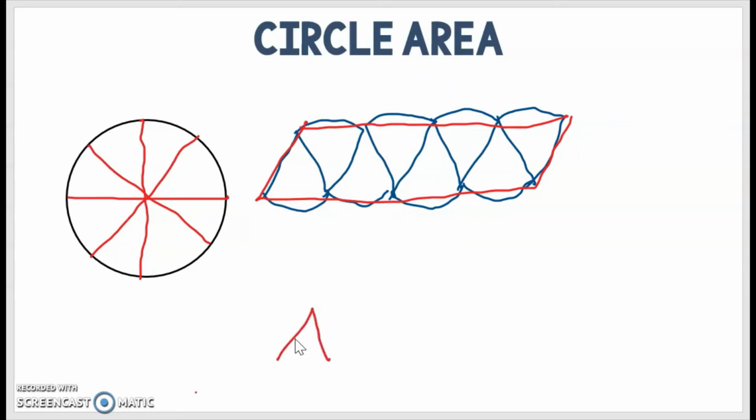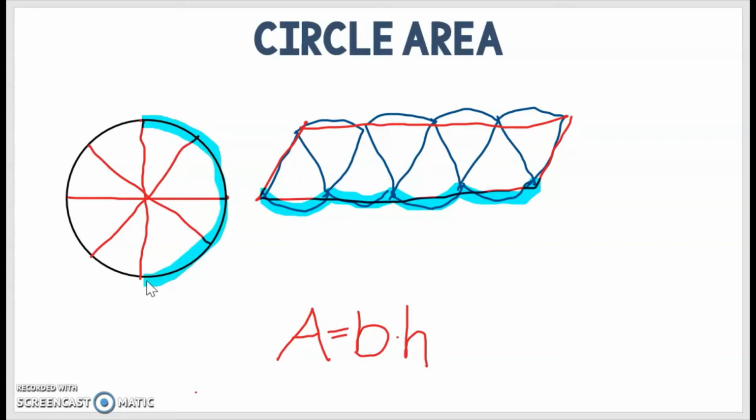And you know, to find the area of a parallelogram, I need to find the length of the base and multiply that by the perpendicular height of the parallelogram. So let's first look at the length of this base. I'm going to go ahead and outline this base right here, and look at that and think, okay, how does this length compare to this circle? If I outline the same 4 sections here on this circle, we'll notice how they connect.